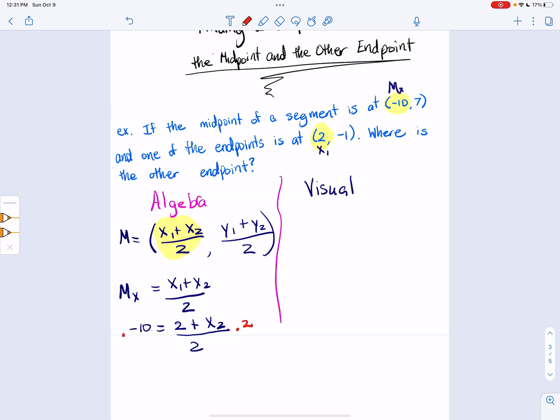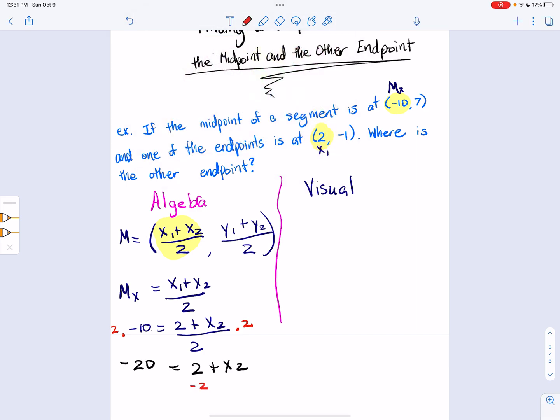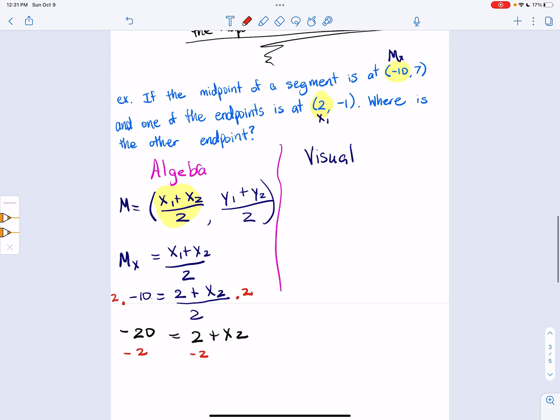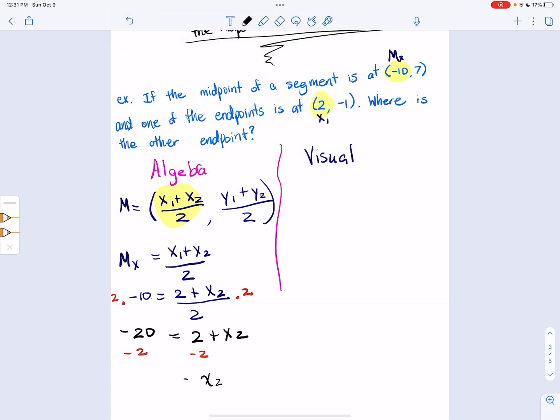Whatever we do to one side, we do to the other side, and we get that negative 20 is equal to 2 plus x2. From there, we want to get x2 alone, so we subtract 2 to get rid of it. Whatever we do to one side, we do to the other side, and we get that x2 is equal to negative 22. And we're done.